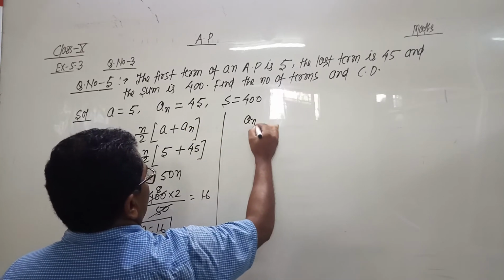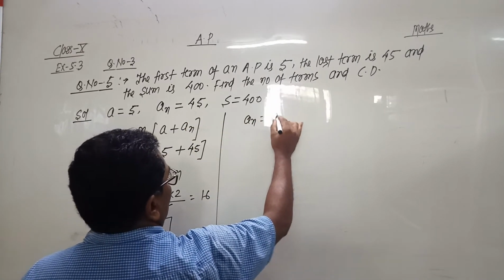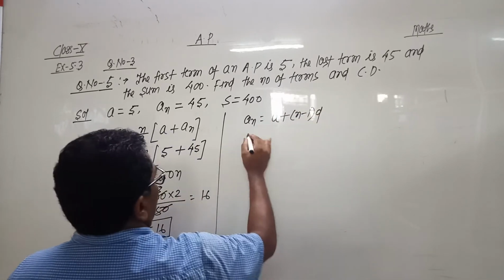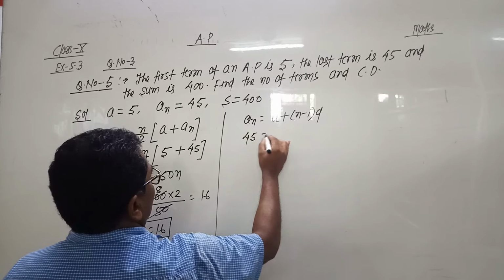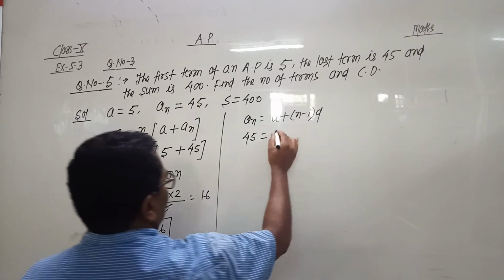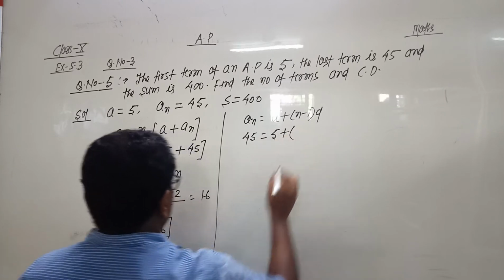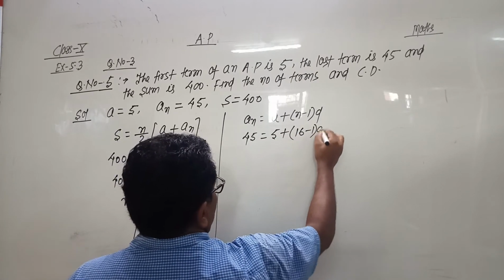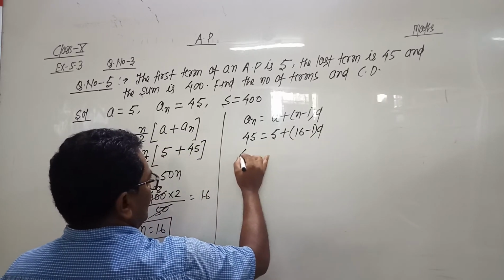So the formula for an is a plus (n minus 1) d, and an is 45. The first term is 5. The number of terms we have calculated is 16, so 16 minus 1, and d we have to find. 5 will go on the left side.